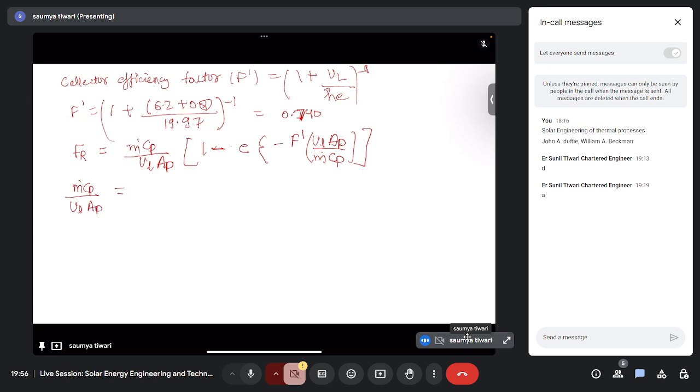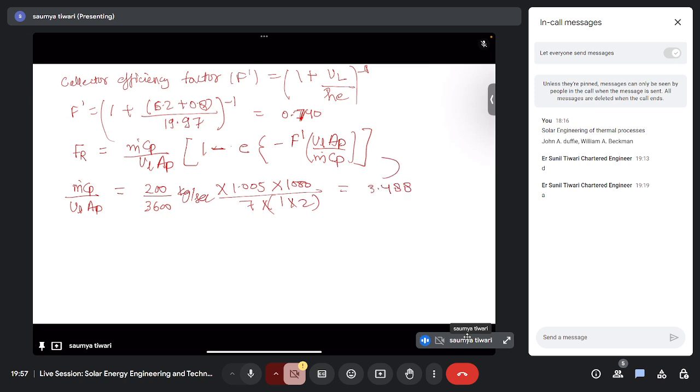The mass flow rate is 200 kg per hour, so it will be in kg per second, into your Cp value, which is 1.005 kilojoule, so in joule it will be multiplied by 1000. Your overall heat loss coefficient is 6.2 plus 0.8, so this will be 7, into your area of the plate, that will be 1 into 2. 1 meter cross 2 meter was the area of the absorber plate. So I think this value will come to 3.488.